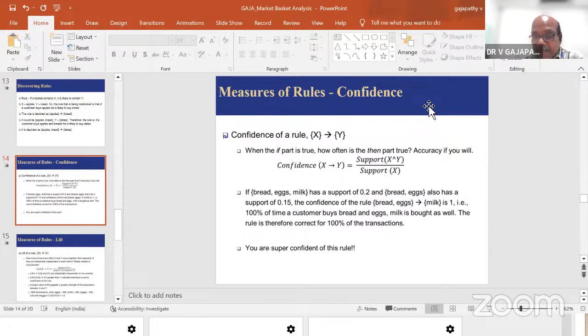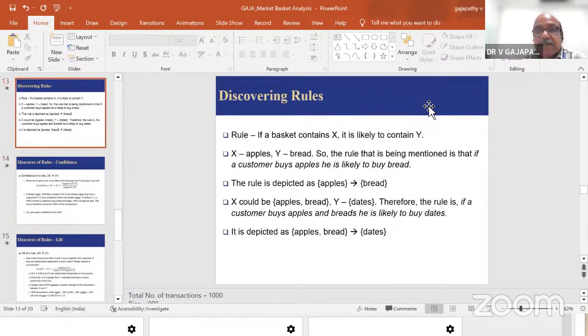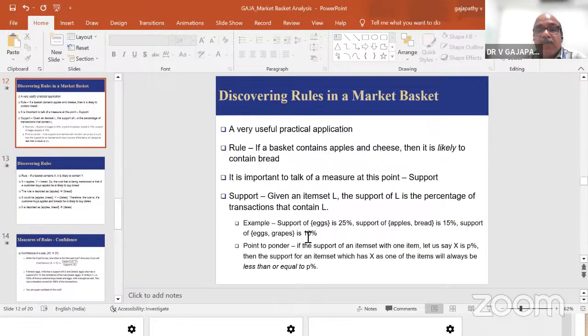Say, for example, you tell me what is the confidence for the past scenario. Support of XY divided by support of X. You take this example. Support of X. Okay. Support of grapes is 20%. And the support of X and grapes, 10%.